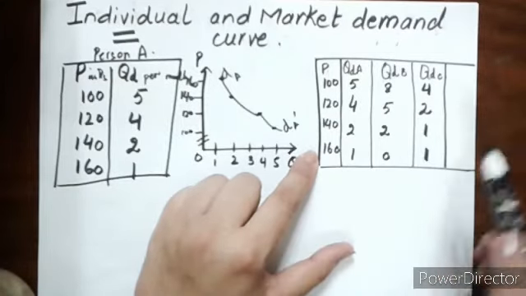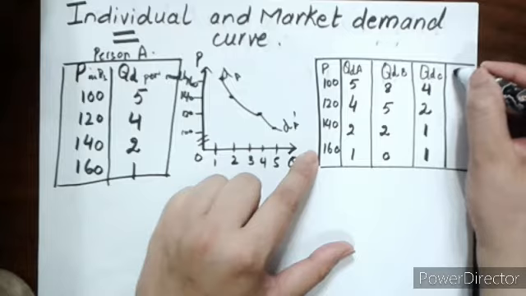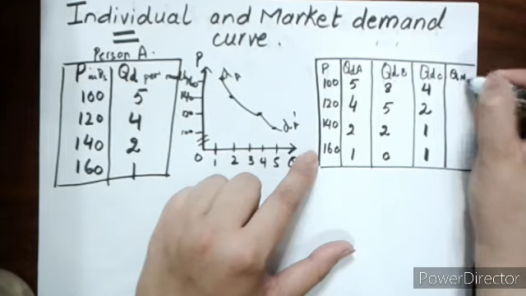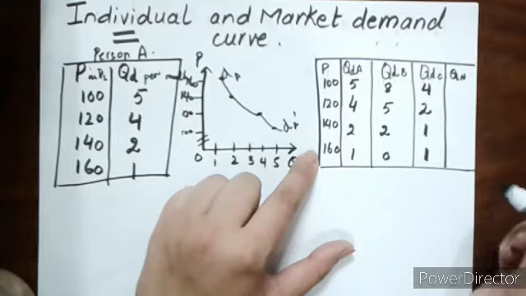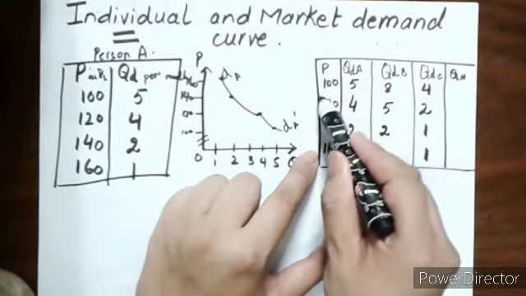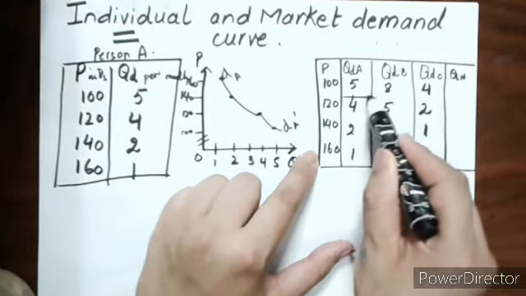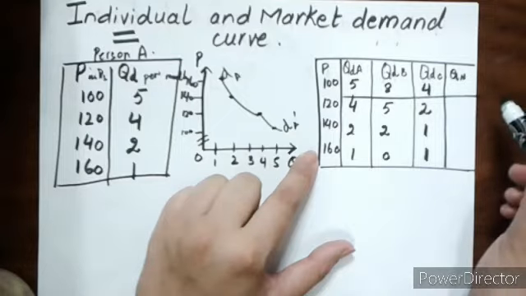So in order to find market demand, I can label it as small m, quantity demanded in the market. What am I going to do? I'm simply going to add these quantities demanded horizontally.